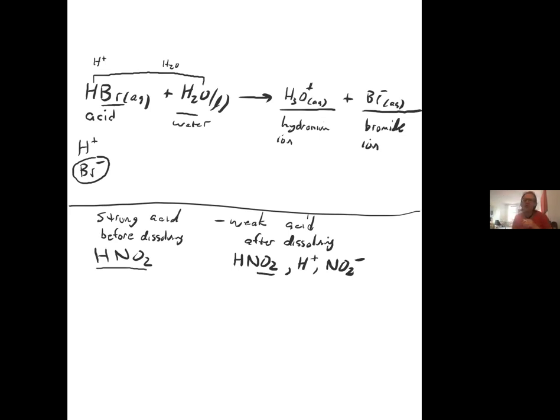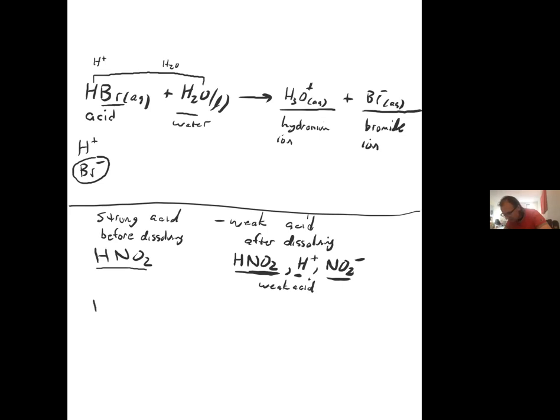That means not all of it reacted with the water. Only some of it reacted. If that's the case, then it's a weak acid. A weak acid is an acid that when you put it into water, only some of it will break up into H plus and NO2 minus. Some of it did, but not all of it. There's still some of this remaining. So we call that a weak acid.